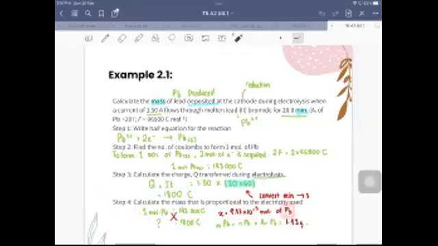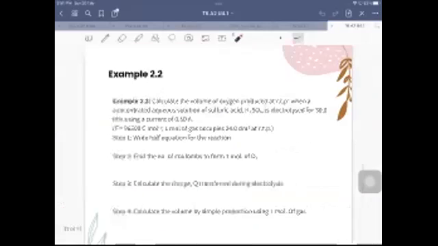The next step is to convert using the mole expression: the number of moles of lead multiplied by the Ar of lead gives you the mass of lead produced during the process. We're going to do example 2.2 and the other questions 2.3, 2.4, and 2.5. I will let you try them yourself and I will give you the numerical answers later.